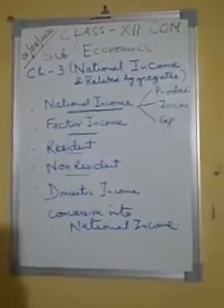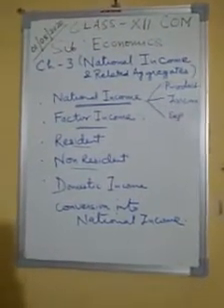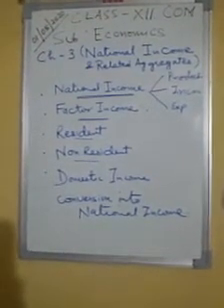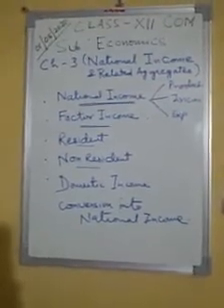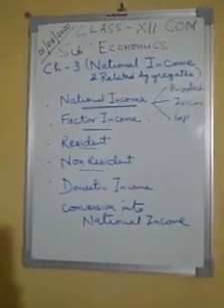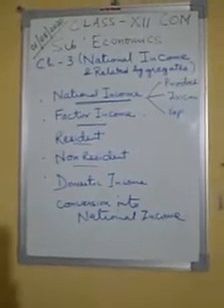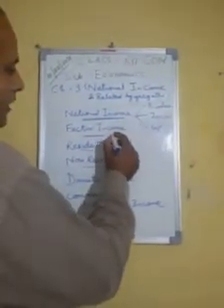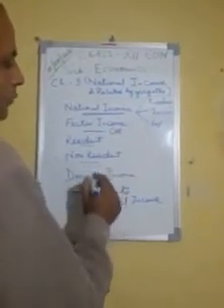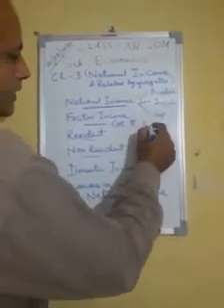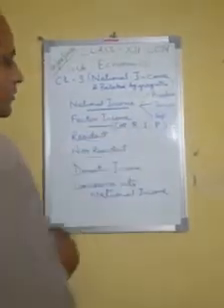Third, interest, received by the household for the use of their capital by the producing units. And last, fourth, profit, received by the household for the use of their entrepreneurial skills by the producing units. So these are the 4 subheads of factor income: compensation of employees, rent, interest, and profit.